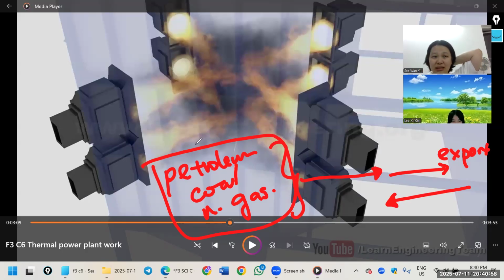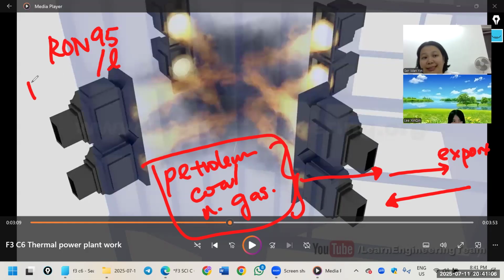Malaysians. Do you know how much RON 95 is? How much per liter? Never observed? Okay, now it's fixed. It's okay because you all don't have a car. 2 ringgit and 5 cents. It's really, really cheap, because the government gives the supply for this.